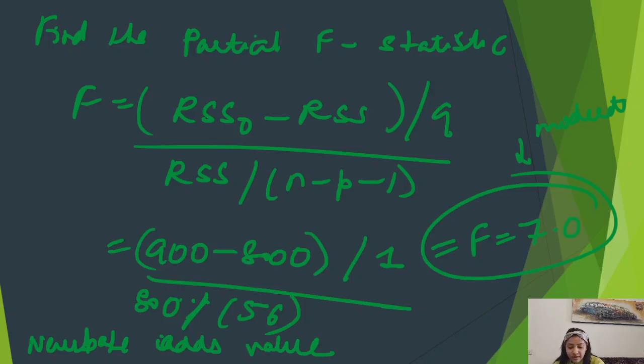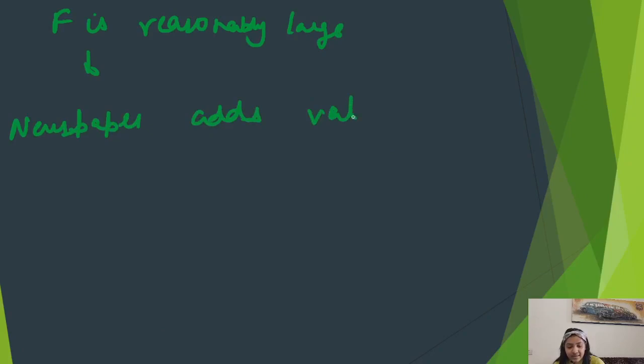So what we can interpret, अगर मेरी f की वैल्यू रीजनेबली लार्ज आ रही है, then it indicates that the variable जिसको हमने हटाया था, which was newspaper, it adds value, hence it should not be removed. तो हम इससे क्या कंक्लूड कर सकते हैं?